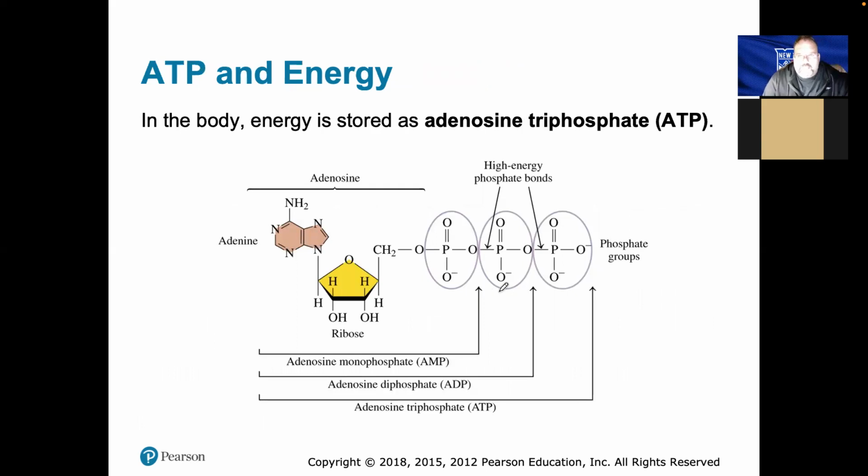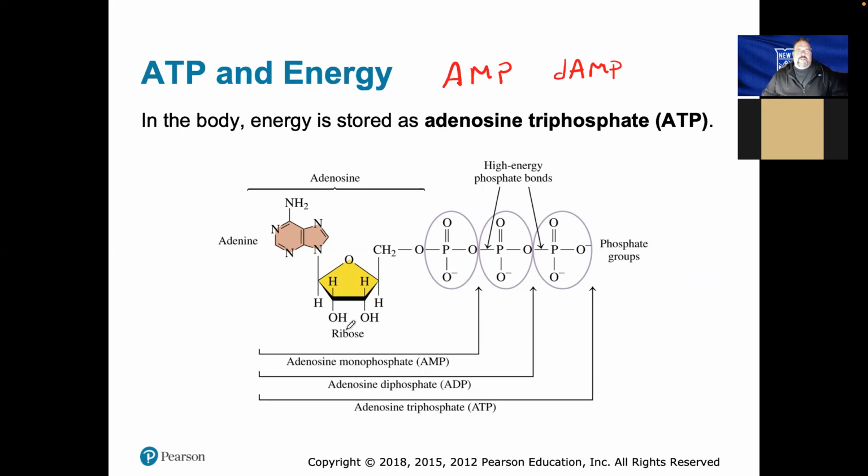So ATP, adenosine triphosphate. In chapter 17, we talked about AMP, adenosine monophosphate, and dAMP, deoxyadenosine monophosphate, as a nucleotide. Essentially, the starting point for adenosine triphosphate is adenosine monophosphate.